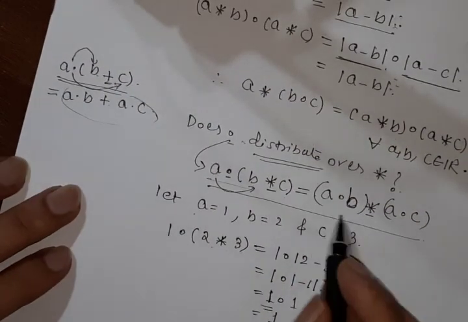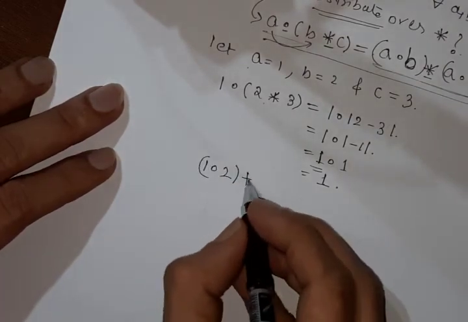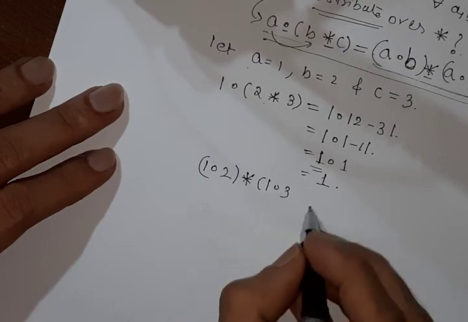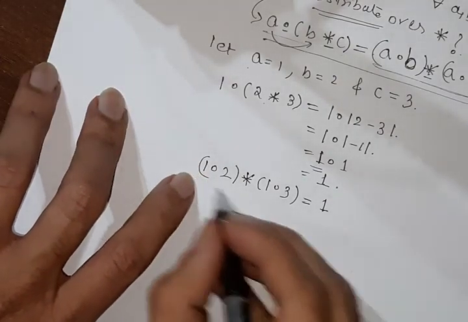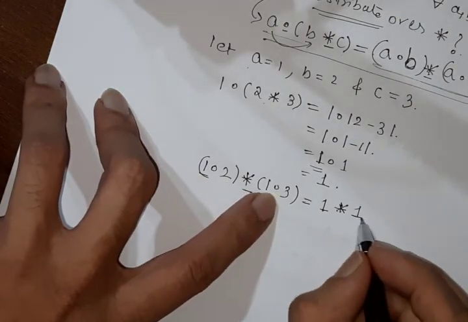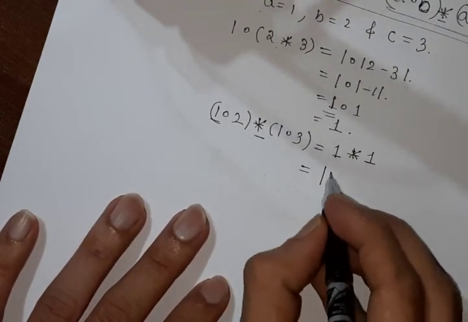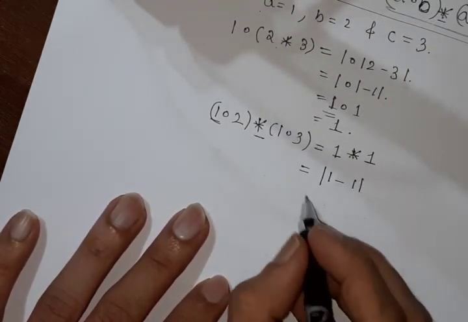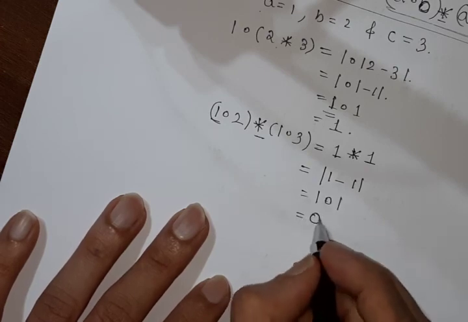Now we have to check the right hand side. So (1 O 2) star (1 O 3), let us check. 1 O 2 will be 1, the first element here, star, and 1 O 3 will be again 1, the first element. So which will be modulus of 1 minus 1, which is equal to modulus of 0, which is equal to 0.